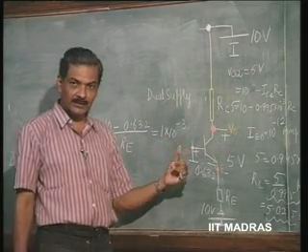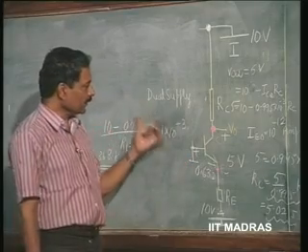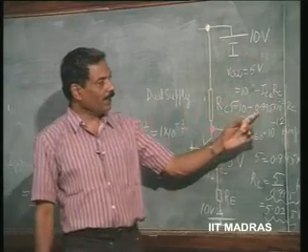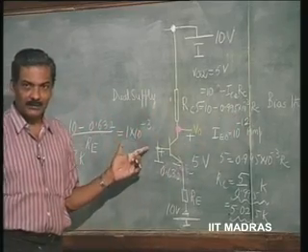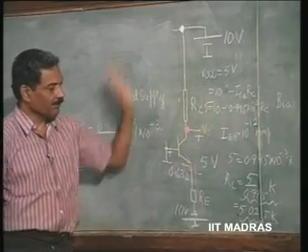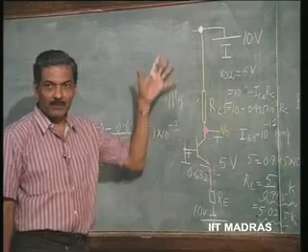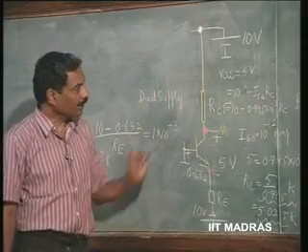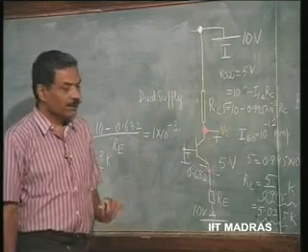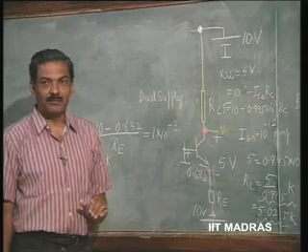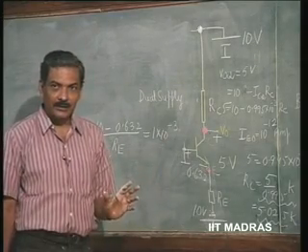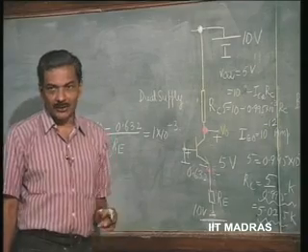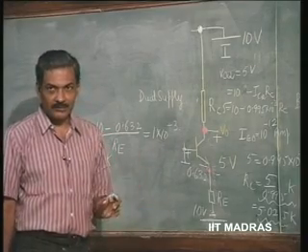Since the base current is fixed, and base current for this problem with 0.995 alpha is equal to 5 microamperes, I fix the base current as 5 microamperes by putting an appropriate base resistance and connecting it to 10 volts. That also is not a very satisfactory way of biasing, because if alpha changes from 0.995 to 0.99, the emitter current will change to half the value.